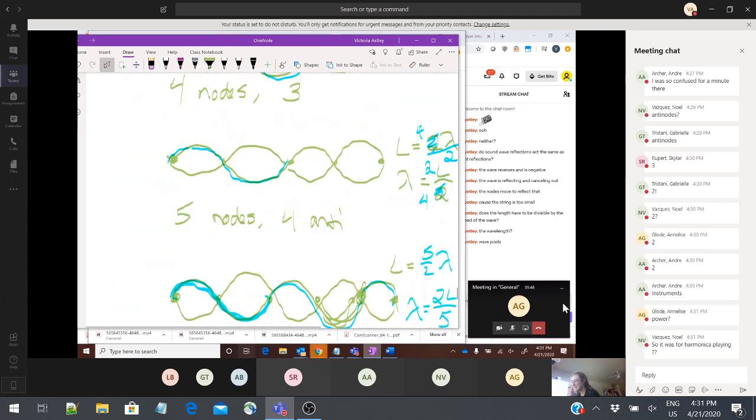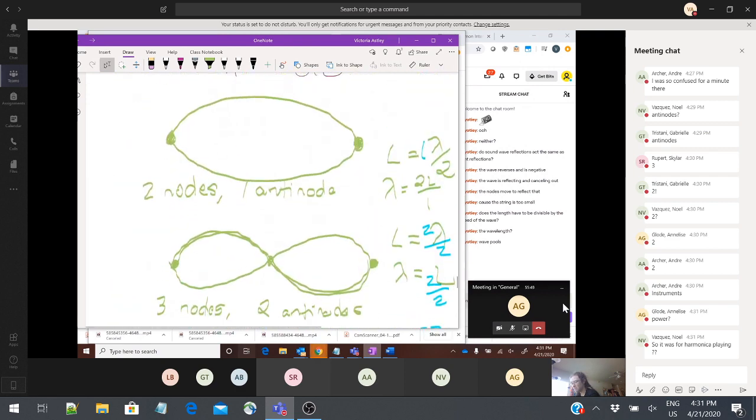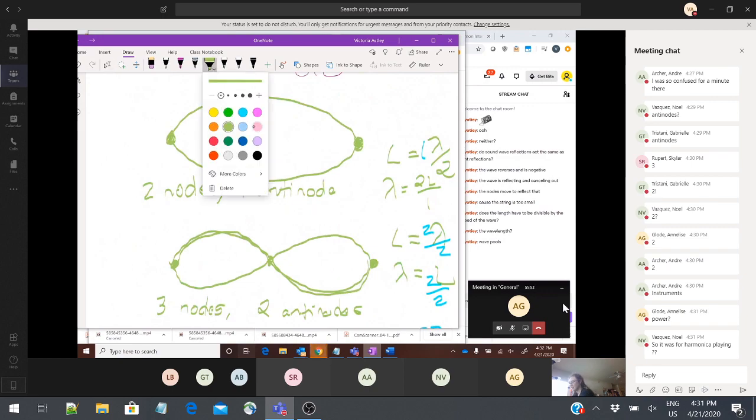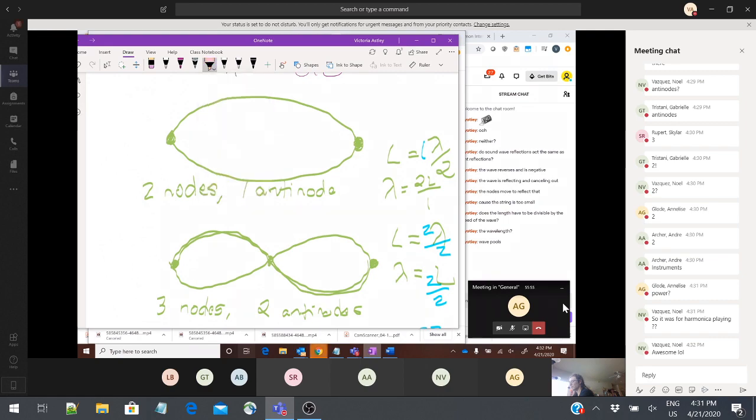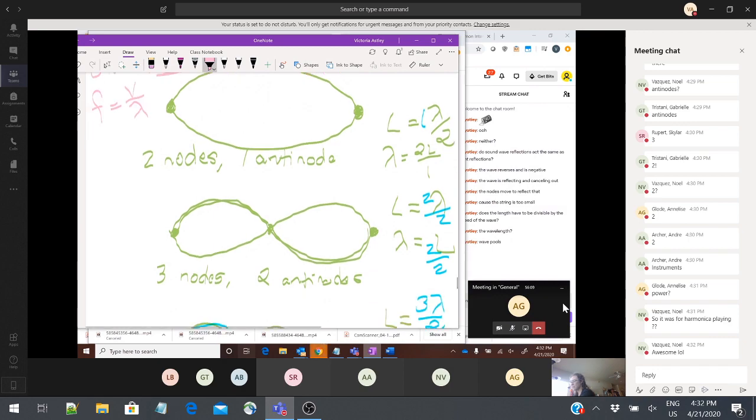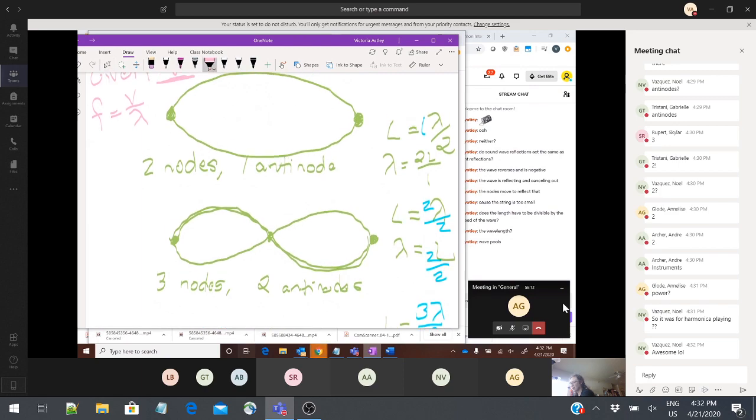So each of these has an associated frequency with it, right? So for a given V, so this would be light, sound, the speed of a wave on a string, there will be some f that is V over lambda. You can also put it in terms of lambda is 2L. So this would be V over 2L.